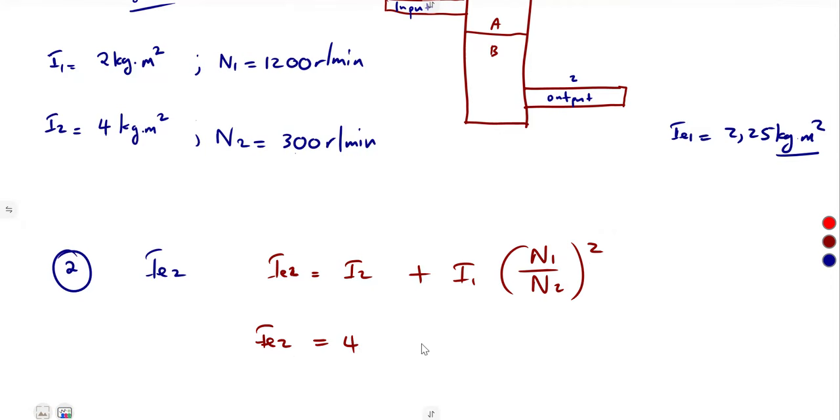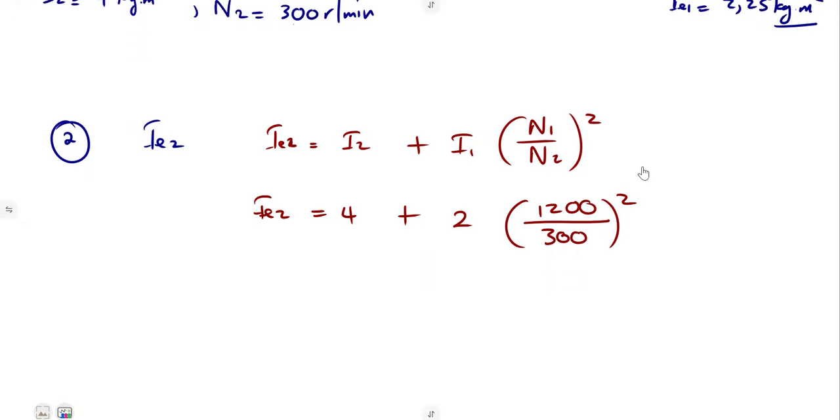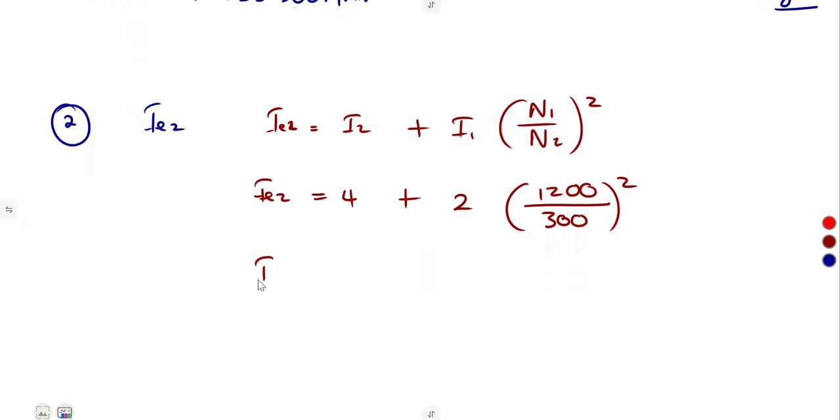I2 is 4. I1 is 2 over what? N1, 1200 over what? Over 300 to the exponent of 2. So that was it. And with your calculator, you're going to have this value of 36.